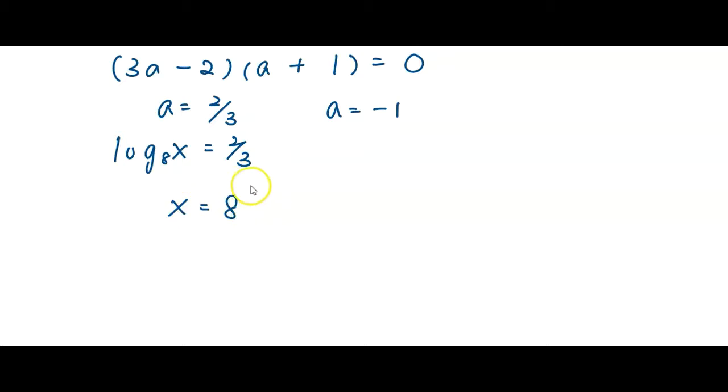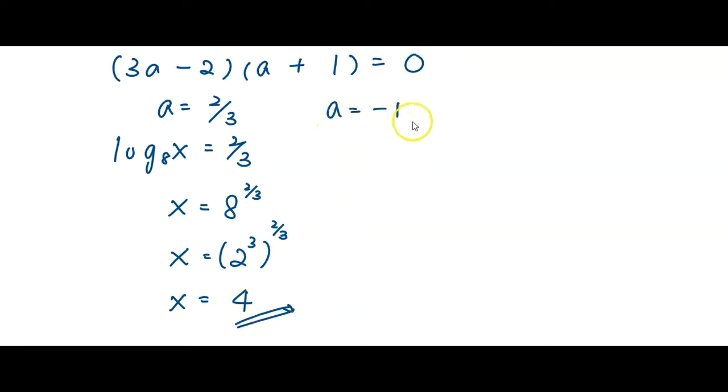Then this will be 8 to the power of 2 over 3. You can actually simplify this by converting the 8 into 2 to the power of 3. Then using the rules of indices, the powers can be multiplied with each other and the 3 cancels off. You get 2 to the power of 2, which equals 4.